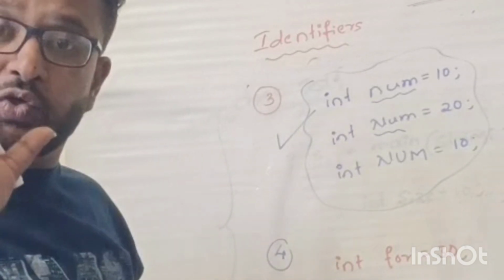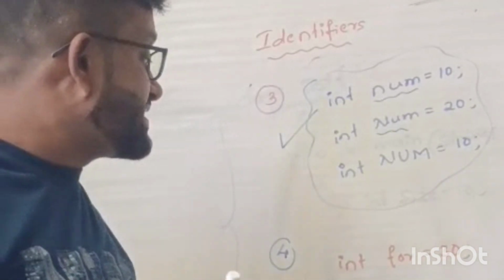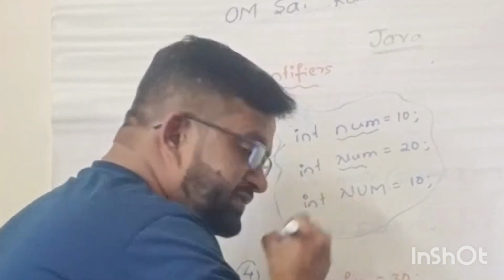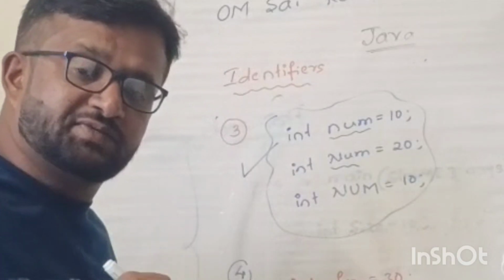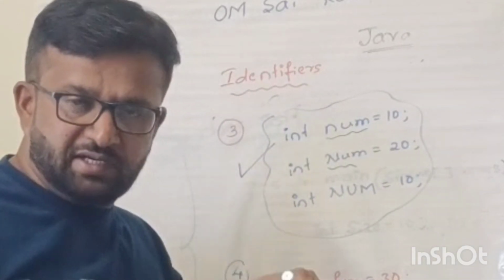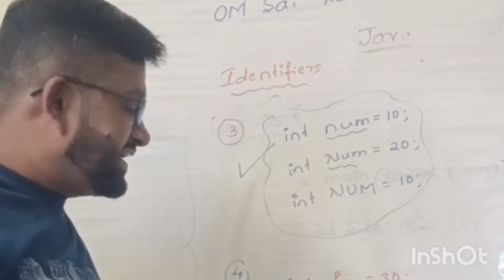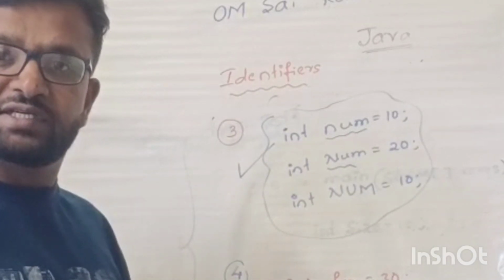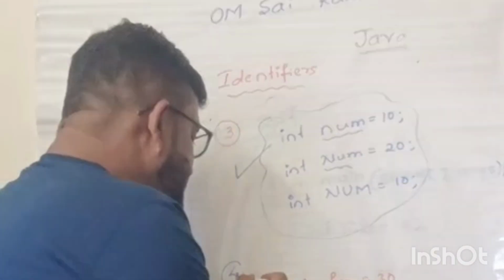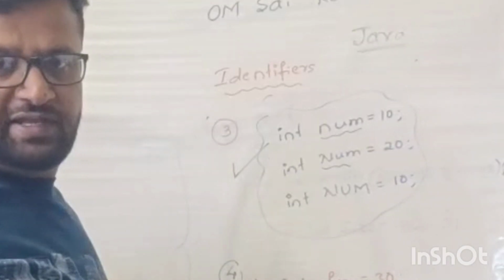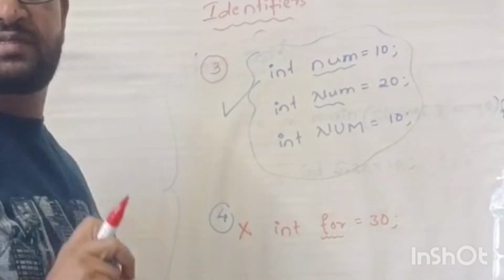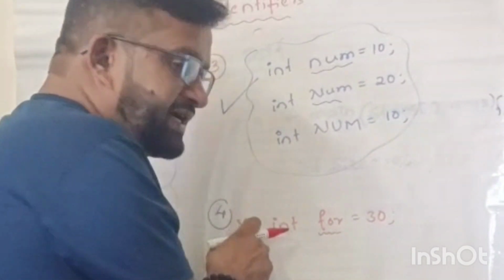Don't use those reserved words as an identifier name. Here you can see the variable name you have given is for. For is a keyword, a reserved word in Java. So don't use any reserved words as an identifier. This is an invalid identifier because you are using a reserved name.